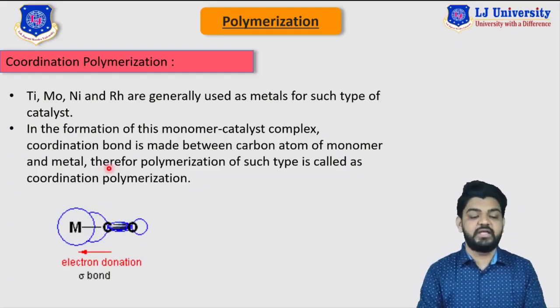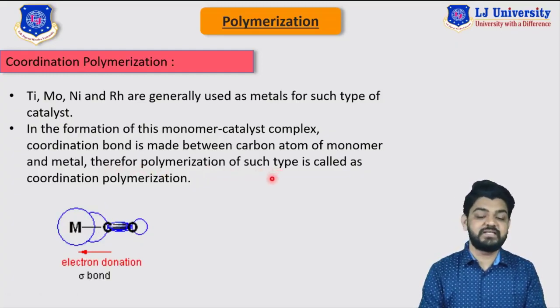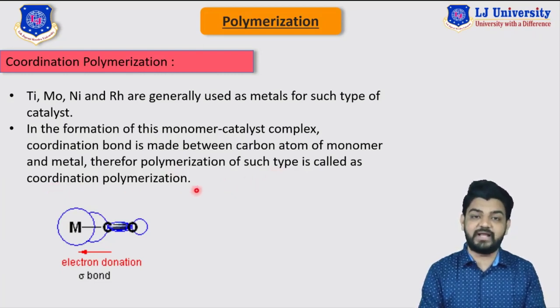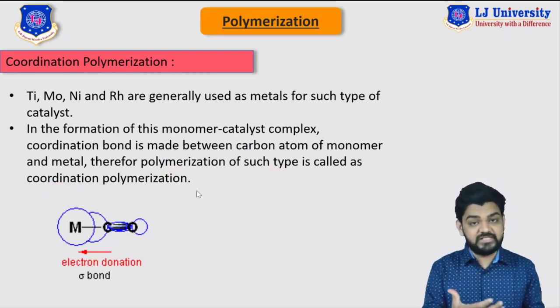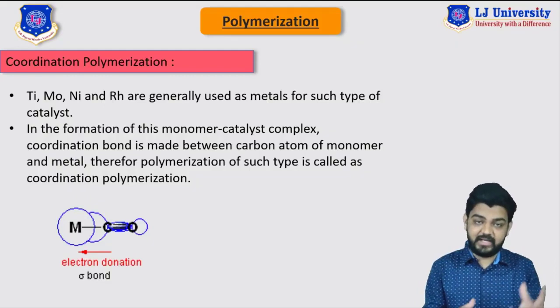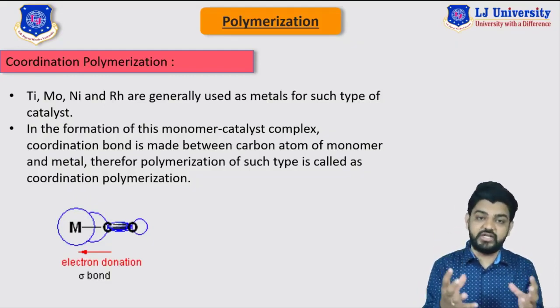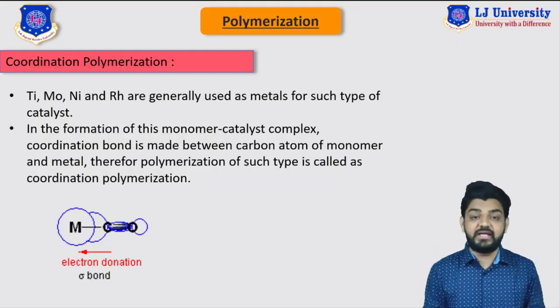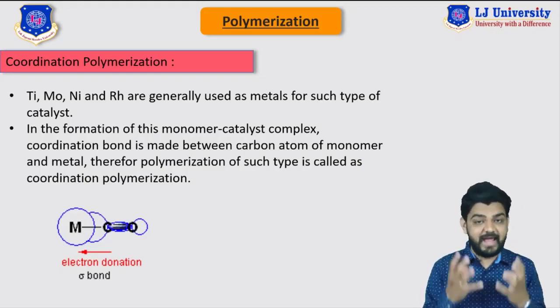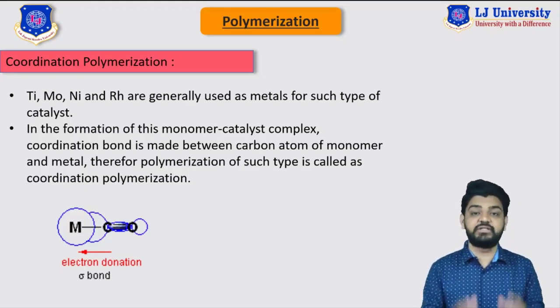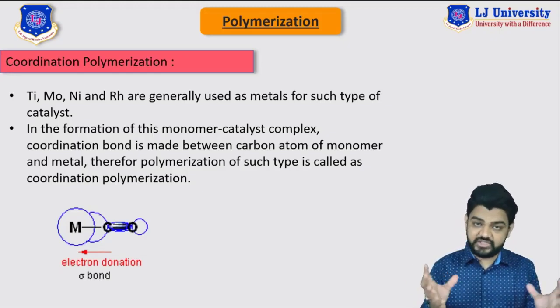Therefore, this polymerization process is referred to as coordination polymerization, because the bond used to connect the metal and carbon is the coordination bond. Ultimately, this metal-carbon bond will act as the active center for the growth of polymerization.